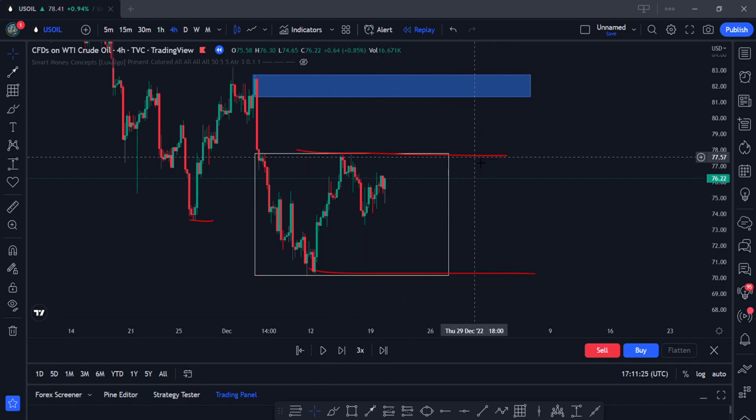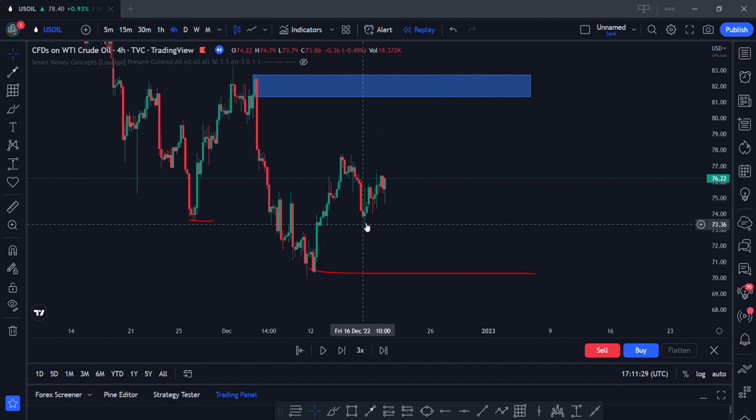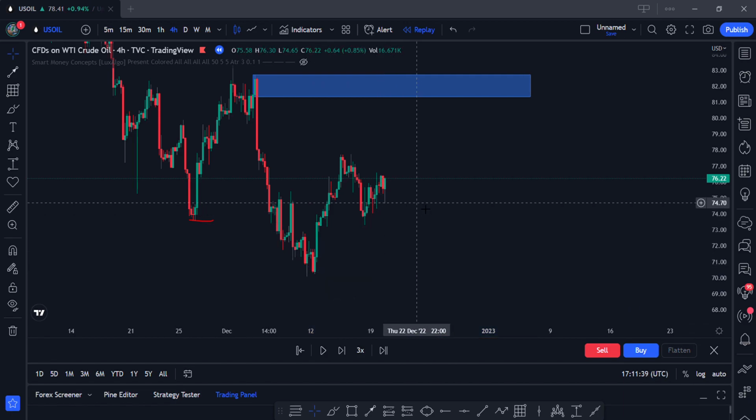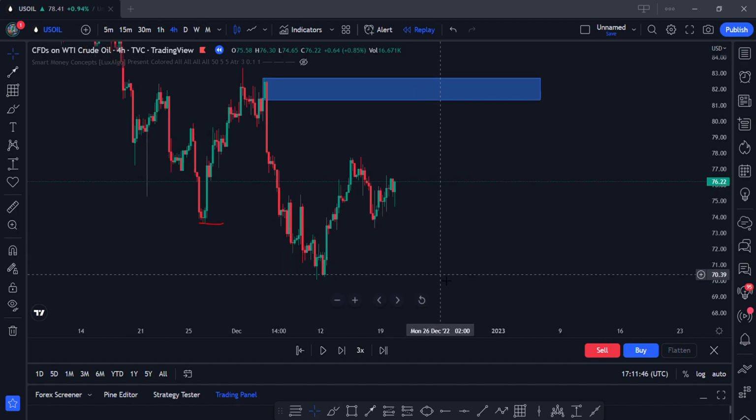So we ignore whatever happens in the consolidation. That is another type of understanding of trading, which I can make another video about in the next video or two. But right now, let's focus on the basics and the easiest, most straightforward strategy anyone can learn within a day or two. It's not hard.